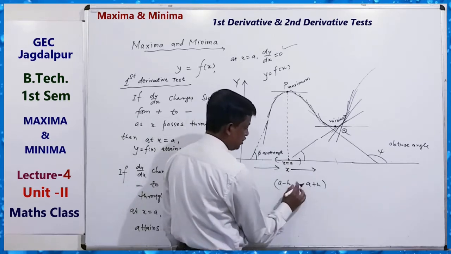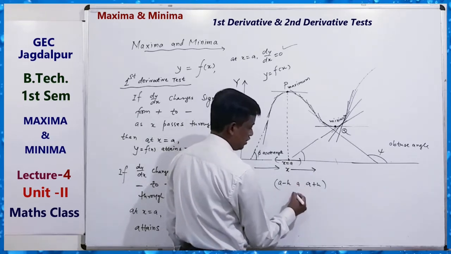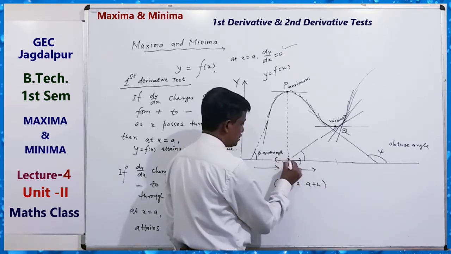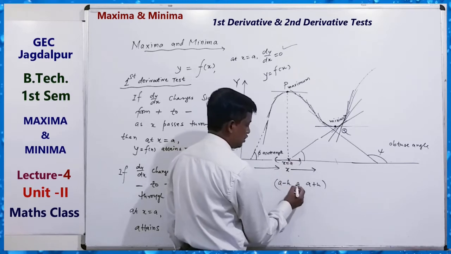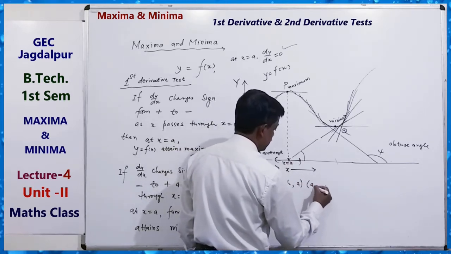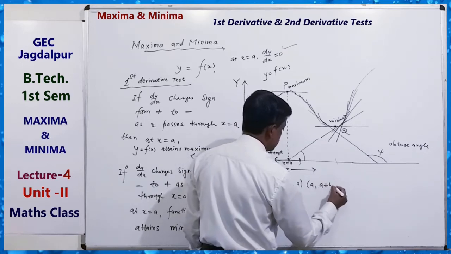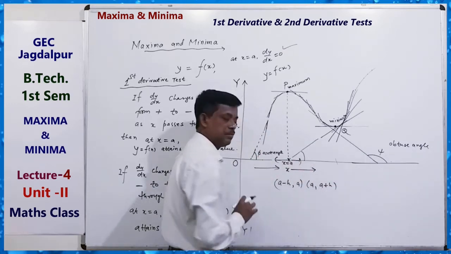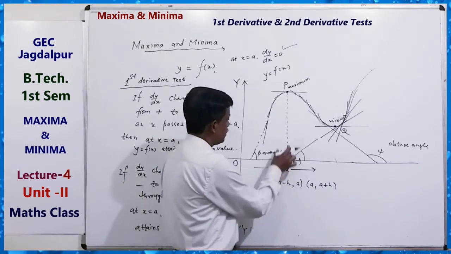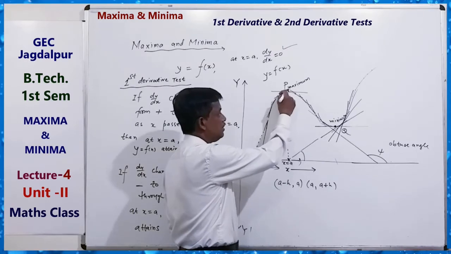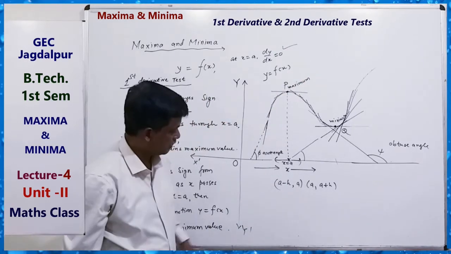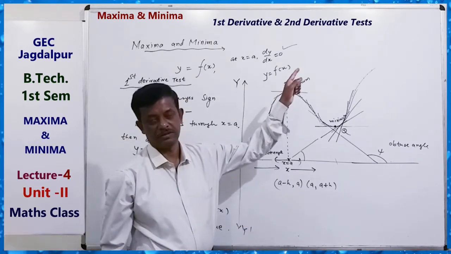Our in-between point is a. So we can make two intervals: a minus h to a, and a to a plus h. In this interval the derivative is greater than 0, that is, an increasing function.